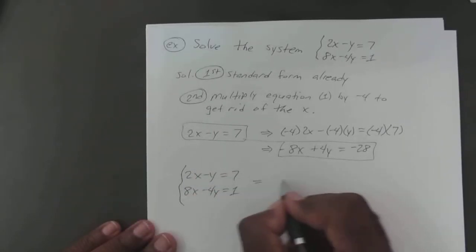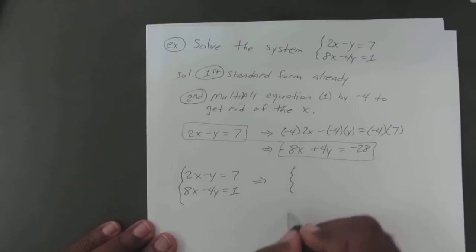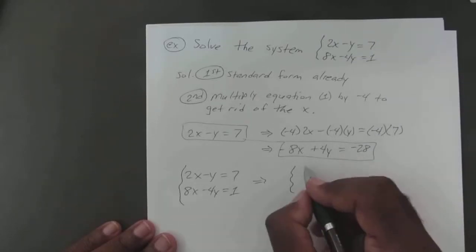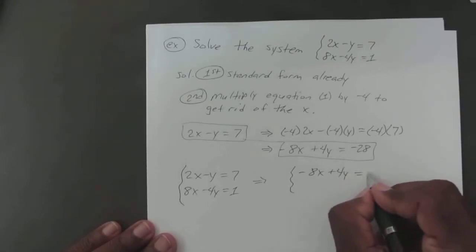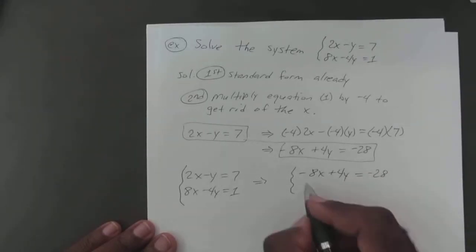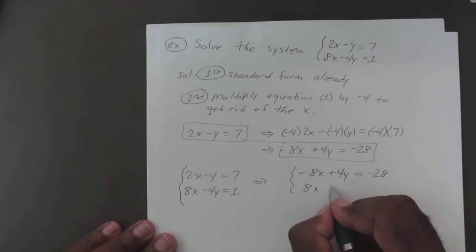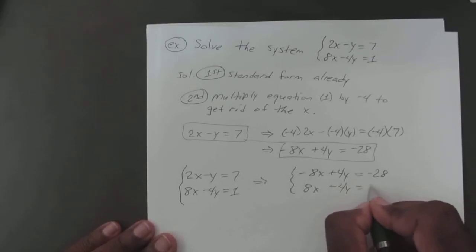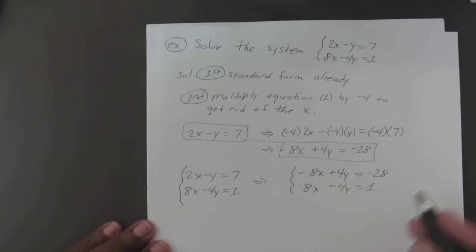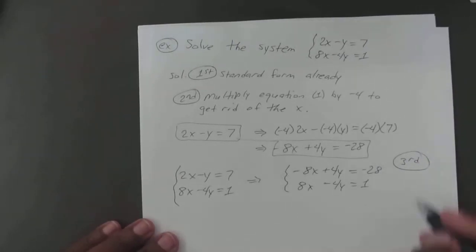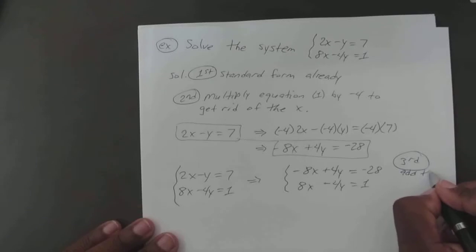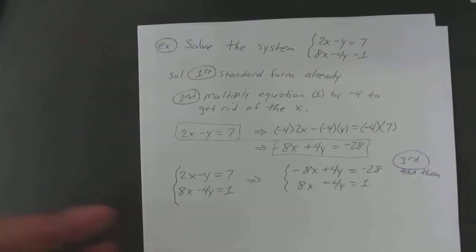That system will now become -8x plus 4y equals -28, and 8x minus 4y equals 1. And remember, your third step is just going to add them together. So there's no point in rewriting it. We can go ahead and add them together right there.